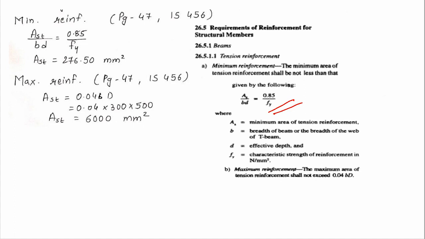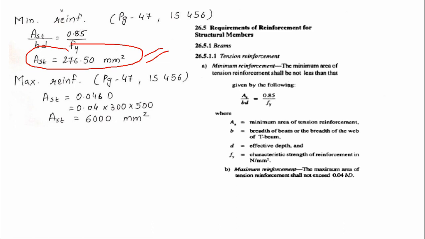Using this equation, B and D we have already seen previously, fy we will be taking as 415. Substituting everything, we get AST equal to 276.50 mm square. This is the minimum area of steel required.